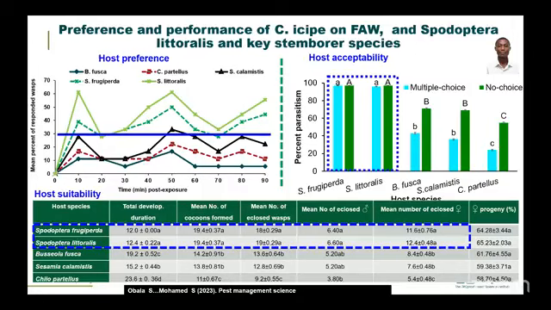For all these parameters, the performance of this parasitoid was highest in fall armyworm and Spodoptera littoralis, as evident from the table. Of course, except for the progeny, it is comparable across the hosts where the parasitoid was able to develop.